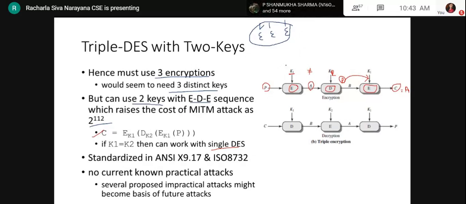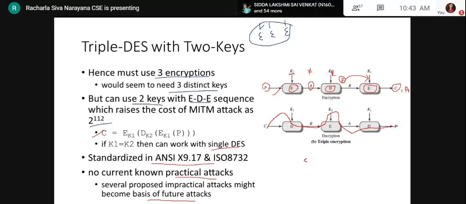This triple DES technique is standardized in ISO 8732 standards. No practical attacks are currently known, but some theoretical impractical attacks might become the basis of future attacks. Up to now, no practical attacks have been proved on triple DES. The ciphertext is decrypted with K1, then encrypted with K2, then decrypted with K1.